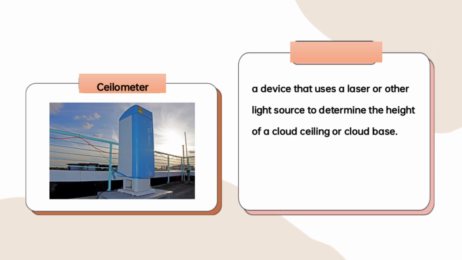The ceilometer is one of the most important instruments because it is used to determine the cloud ceiling at airports. It is mostly used by people working at the airport, because it is what they use to determine how thick or how high the clouds are in the sky.